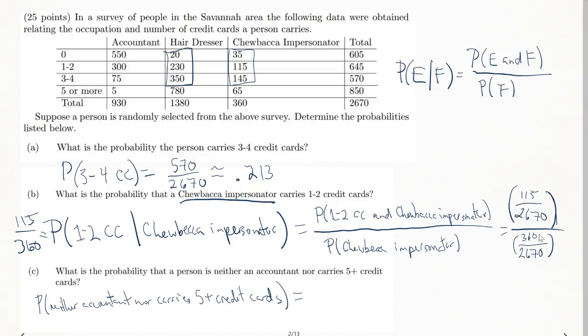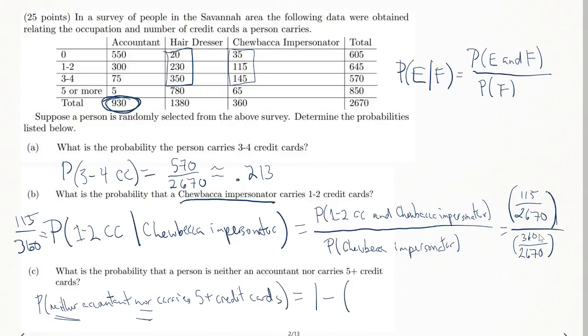So we could find the scenarios of accountants and also on top of that the 5+ credit cards. But in order to do that, we're going to have to do a little bit of work. Now notice, with our first case, the number of accountants, I'm going 1 minus because it's a neither, meaning a not here.